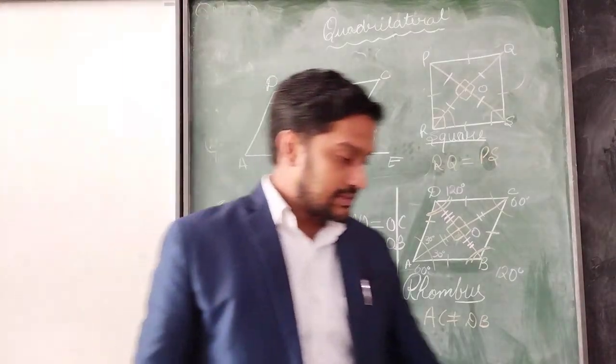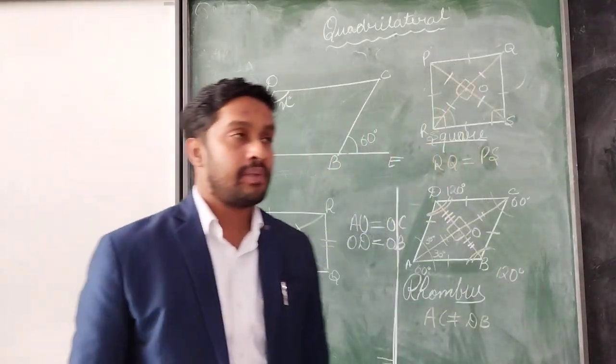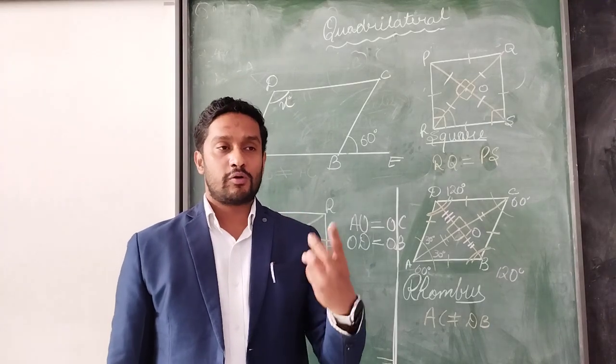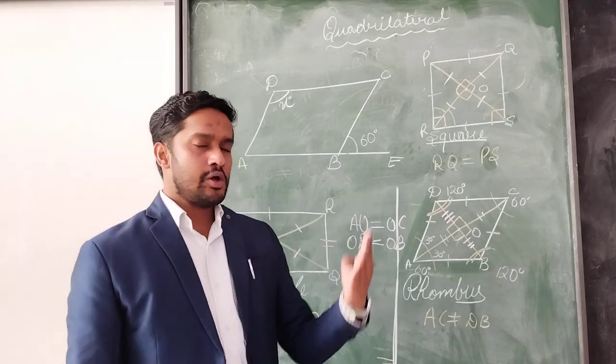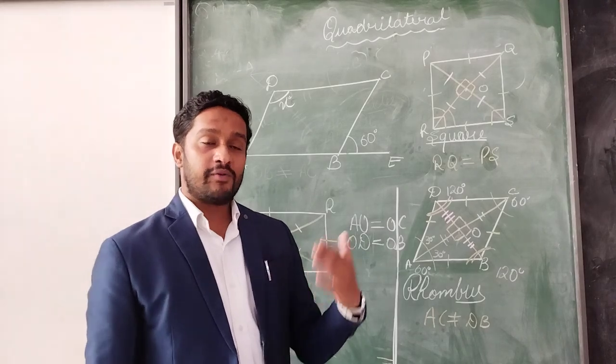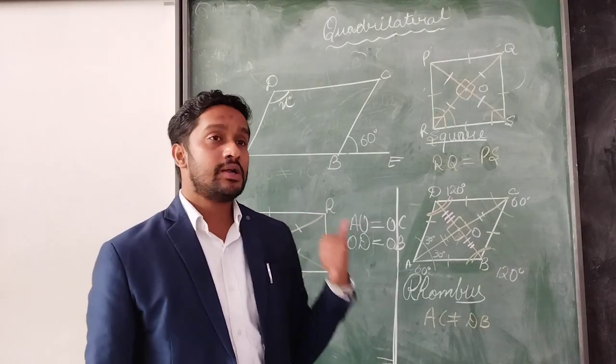In your previous classes on parallel lines and angles, we have studied some properties like linear pair, alternate angles, corresponding angles, and vertically opposite angles. We are going to use all these properties for finding the value of x and y, or the value of unknown angles.